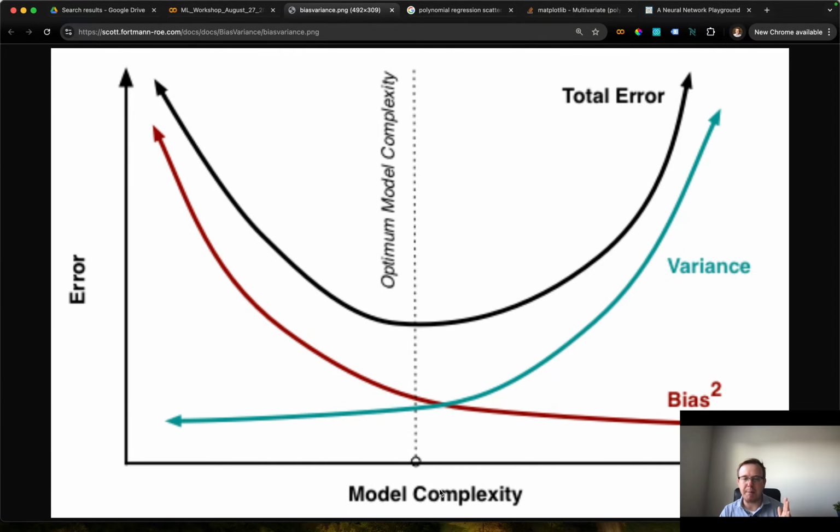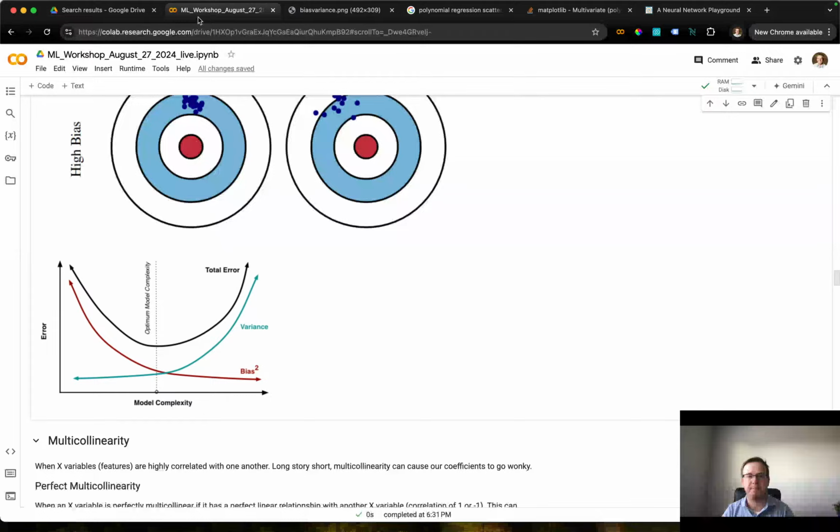So we want a model that is medium complexity, some optimal complexity where it's capturing the patterns in the data, but it's not overfitting to noise, right? Some model that is in this Goldilocks zone, this sweet spot of truest performance. Not too simple where it's underfitting, but not so complex that it's overfitting, okay? We want to avoid both of those zones, right?